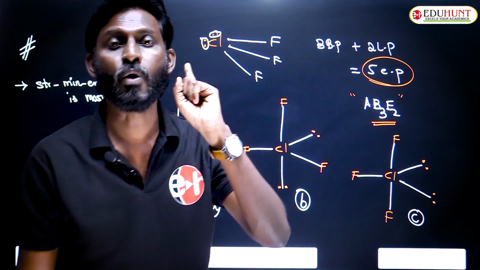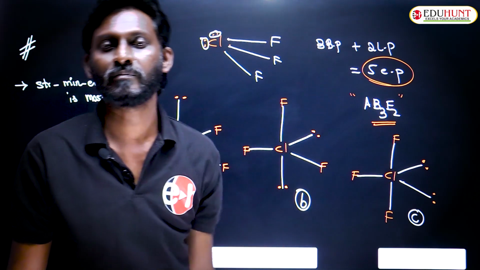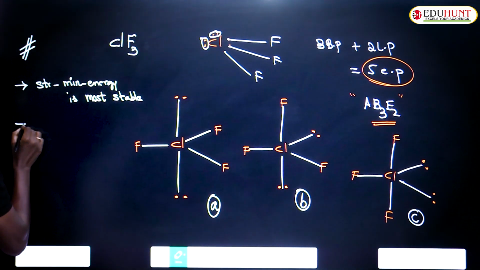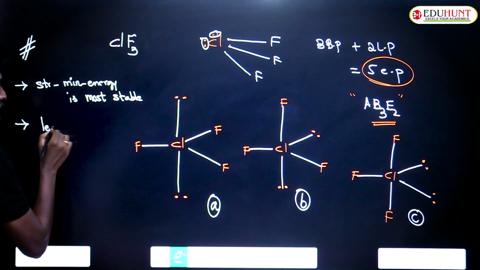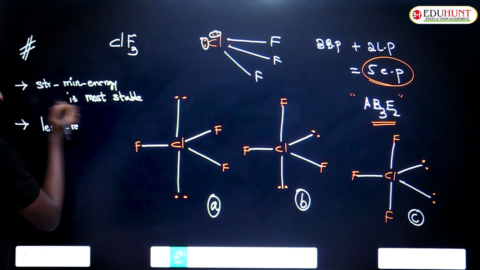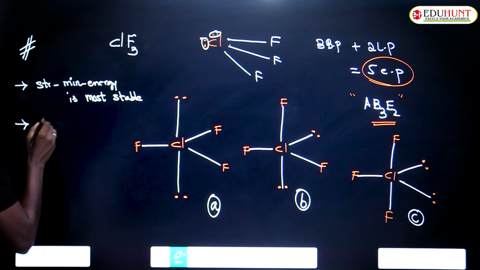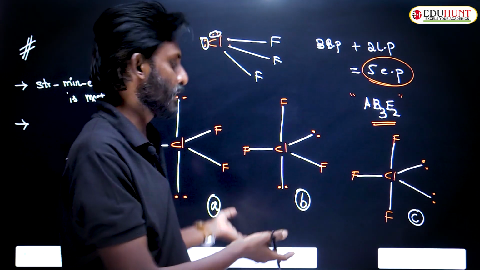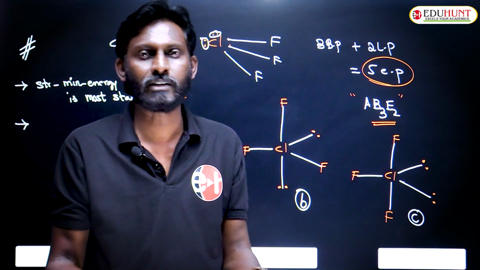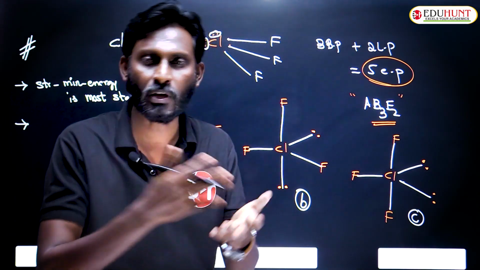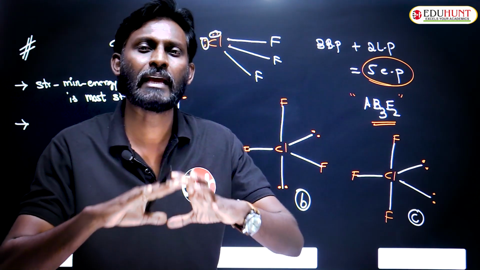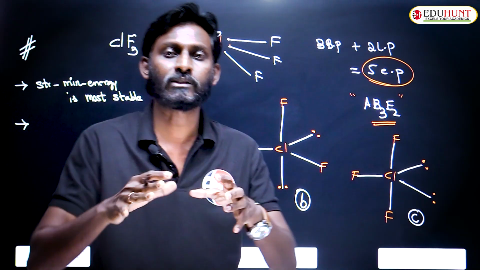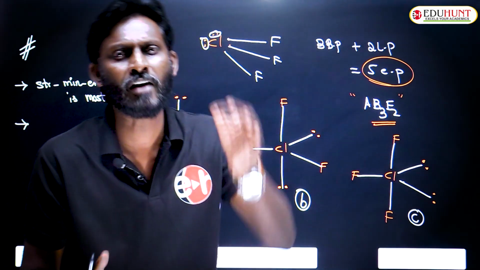See, more repulsions, more energy; less repulsions, less energy. Or I can say minimum repulsions, because you can't completely avoid repulsions. You are making the geometry with the electron pairs only, whether lone pairs or bond pairs. So you can arrange the electron pairs in space in such a way as to have minimum repulsions.